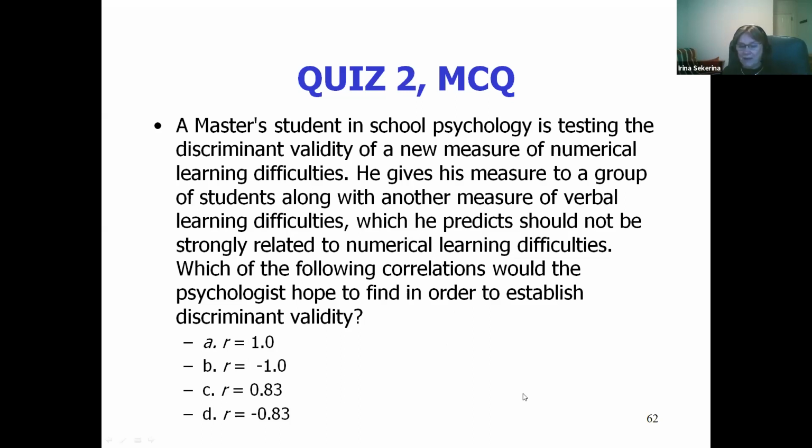Yes, excellent, Vanessa. Why D, which is the foil? The foil is an answer that's very close, but not the right one. And which are the two that you should not even consider? Yes, Vanessa, you're absolutely right. We can only consider negative correlations here because we're looking at the discriminant validity. So it's only B or D. Then the question is, why not B?